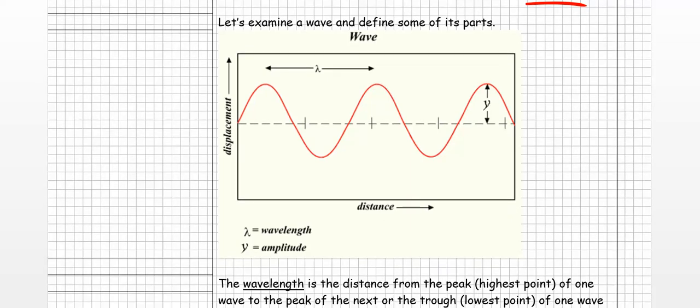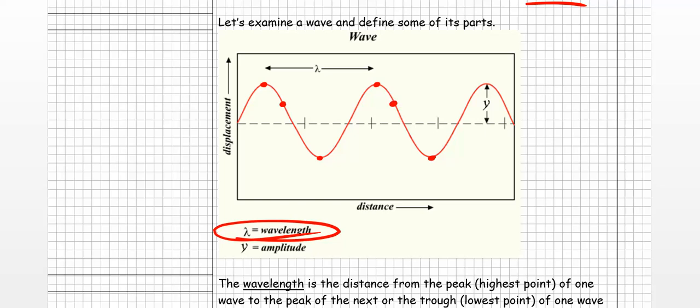The first one we want to look at is called the wavelength. And the wavelength is the distance from, we can say, the crest of one wave to the crest of another wave, or we can say the trough of one wave to the trough of another wave. Or we can just generalize and say from any point on a wave to the successive point on the next wave, just like that.